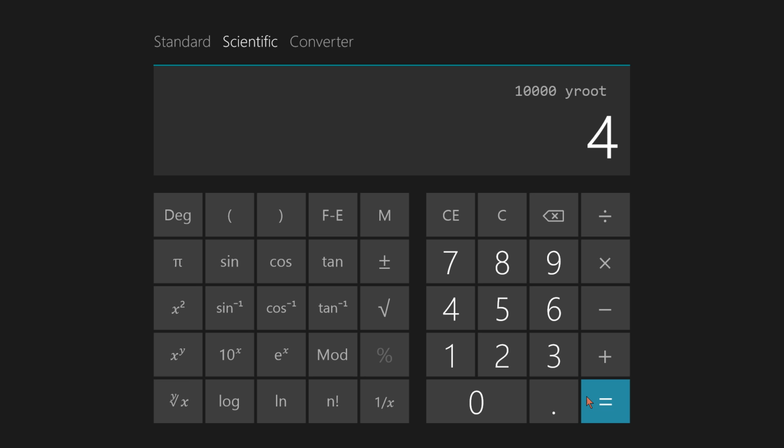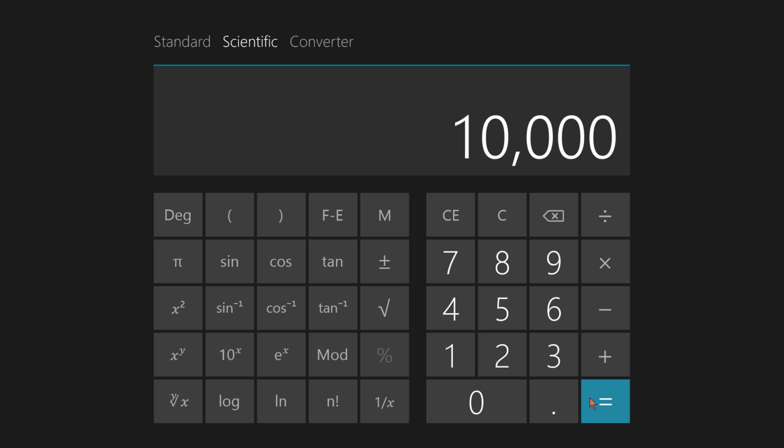The fourth root of that is 10. And of course, if we go back and take 10 to the fourth power, we'll get 10,000 again. So we just took the fourth root of 10,000.